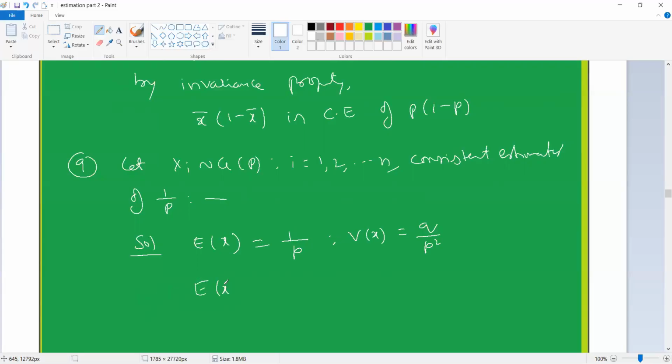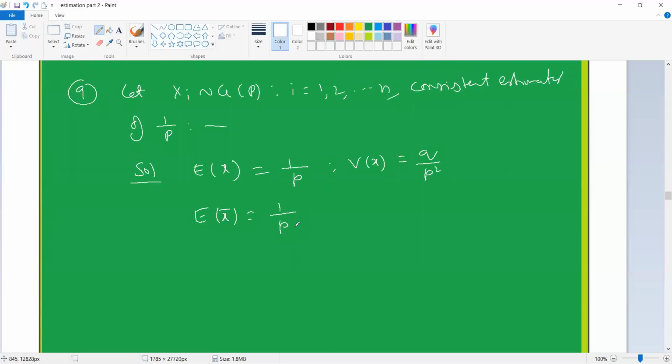Now E of x bar is the same as E of x, which is 1 by p. E of x bar formula is mu. Variance of x bar is equal to sigma square by n, and this sigma square is q by n p square. As n tends to infinity, E of x bar tends to 1 by p, independent of n.